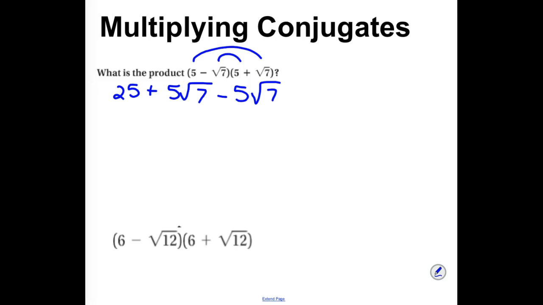And last, what happens when we take a negative root 7 times a positive root 7? It ends up being negative root 49, which turns into negative 7. Yes? Okay. So what happens to that middle stuff? And what was it about the original problem that would tell you that was going to happen?